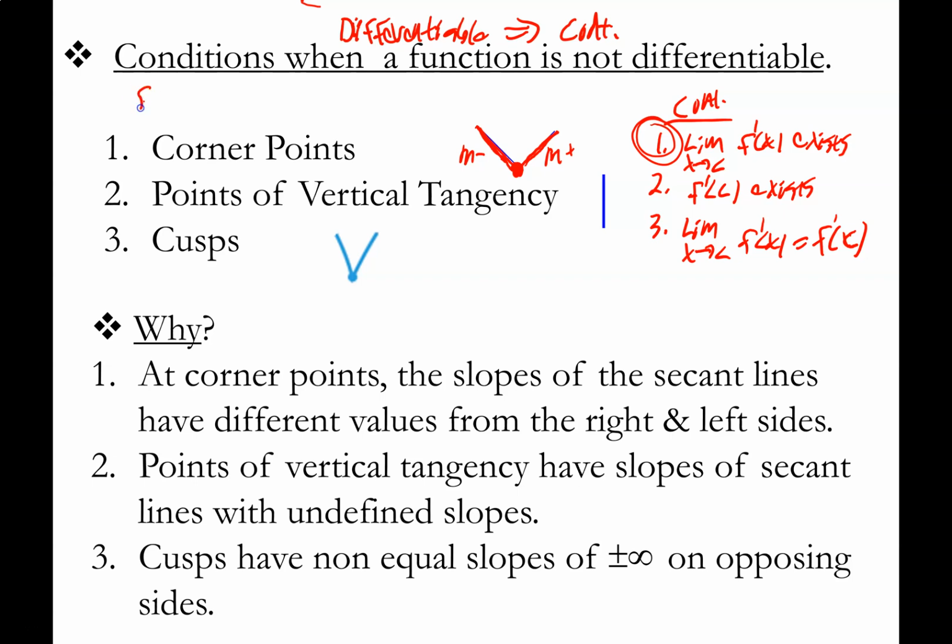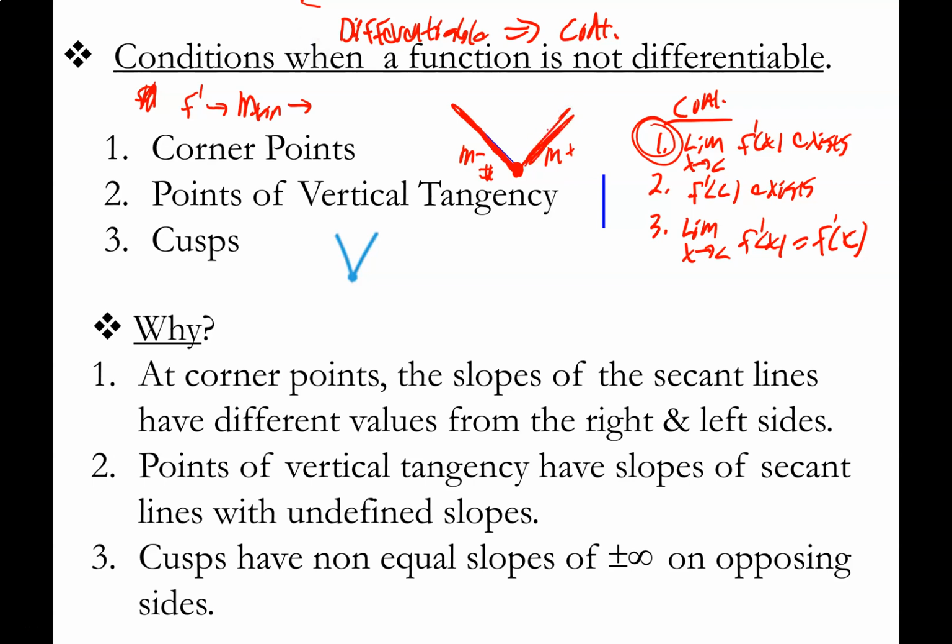Now remember, f prime represents the slope of the tangent. So I'm going to go ahead and find the slope of the tangent here. And that's a negative, some kind of a constant, whatever that might be. -1, -2, whatever.